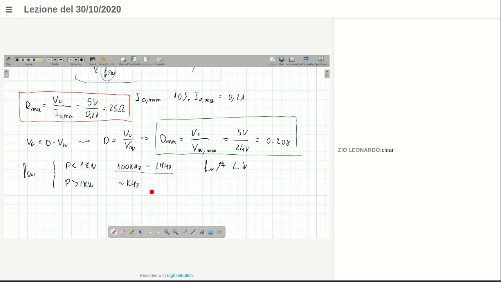By contrast, increasing frequency may require devices which are suitable to operate at very high frequency. In particular, if we move towards the megahertz range, it could be challenging. We may have more switching losses.